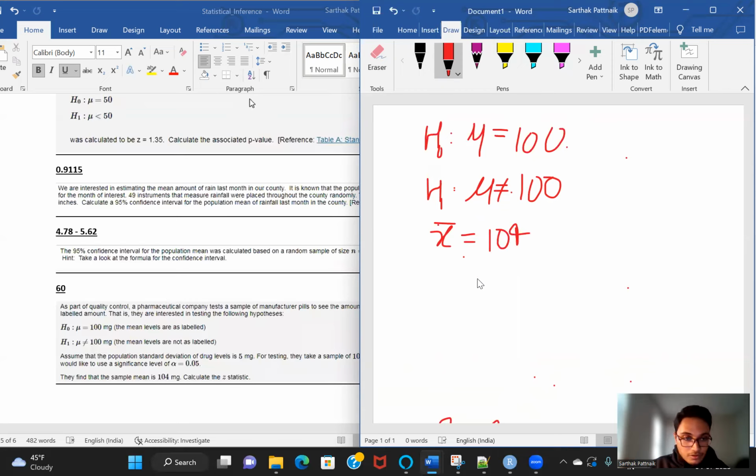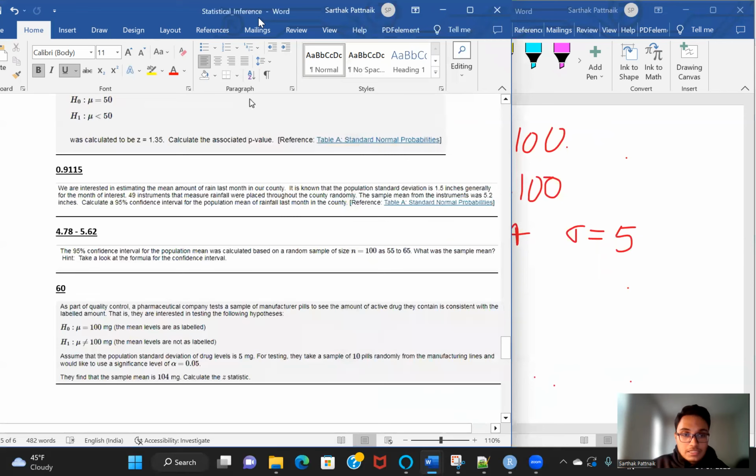X bar is 104. Population standard deviation is 5. You have also been given the number of samples, which is equal to 10.